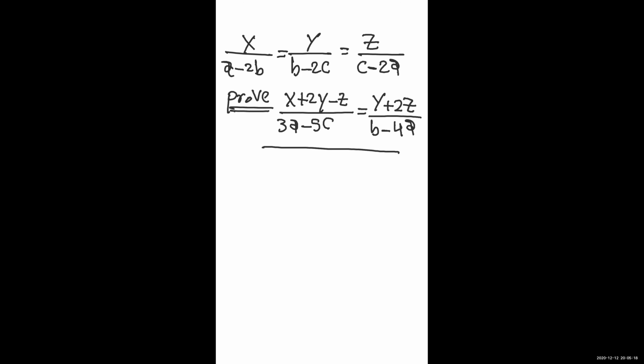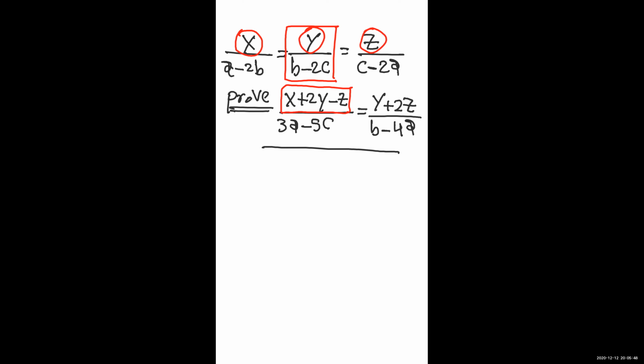Okay, how can we solve this one? Actually, like before, exactly. Now check the terms. Here we have x, y, z, and on the numerator, the antecedent, x plus 2y minus z. So this y becomes 2y on the other ratio, so I have to multiply the second term by 2.